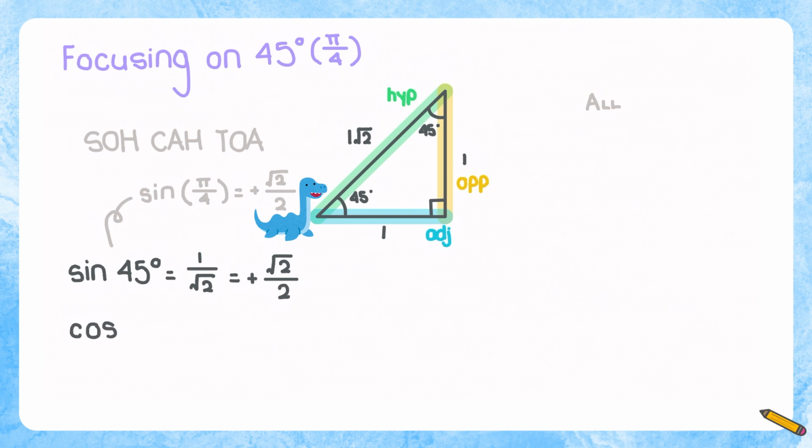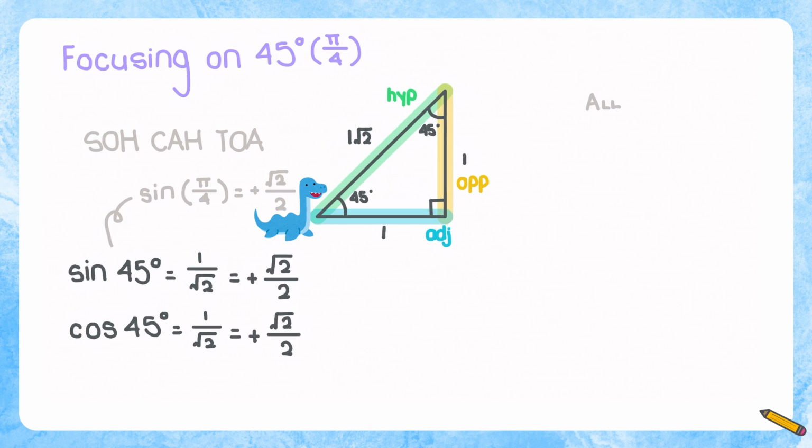Cosine of 45 degrees is going to be the adjacent side over the hypotenuse, which is 1 over radical 2. So actually the same as sine of 45 degrees. We rationalize the denominator and get positive radical 2 over 2.